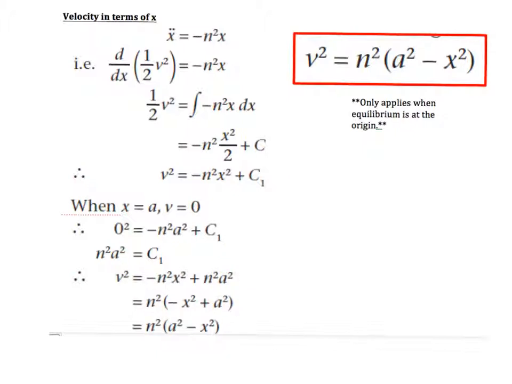And you get another expression for the velocity in terms of x. This equation only applies when the equilibrium is at the origin, because this information here, x equals a, would only happen if the equilibrium point is the origin. Okay, so that's another important or useful formula to use and to remember.